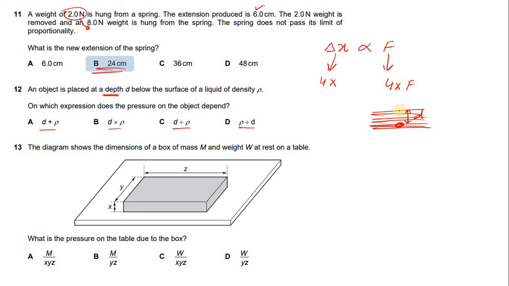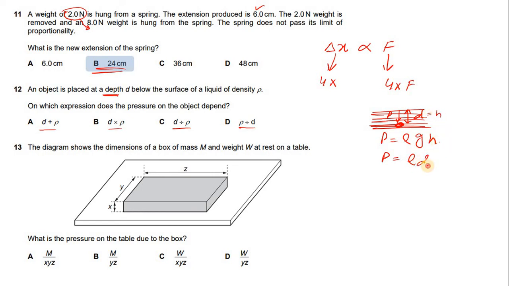So pressure acting on this object, P, is equal to rho G H. G is a constant, the gravitational field strength, 10. So if you ignore G, then P depends on density into H. H is the depth.